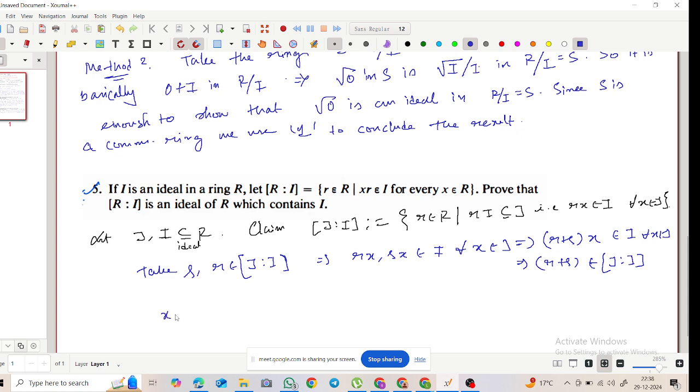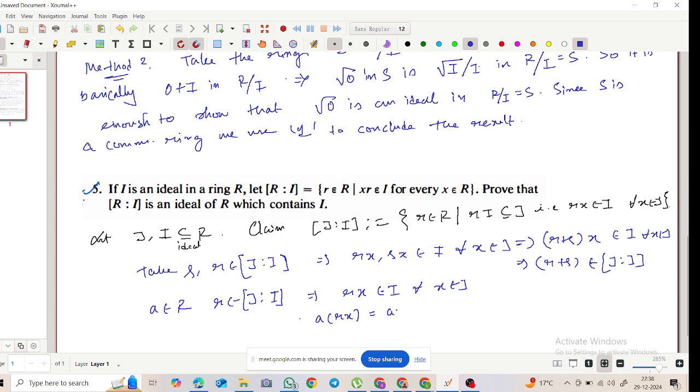Now let a belong to R and r belong to J is to I. So we have rx belongs to I for all x belonging to J. What is arx?